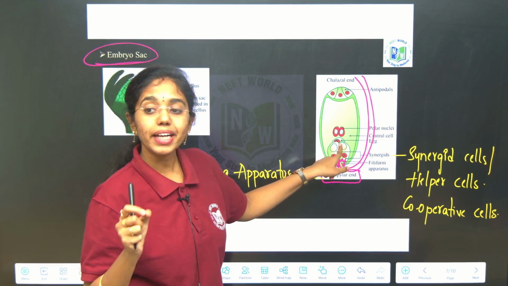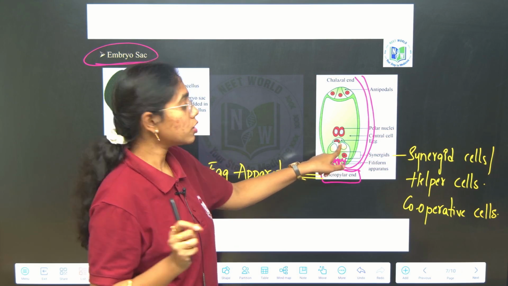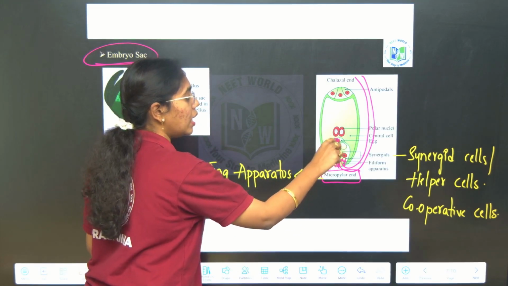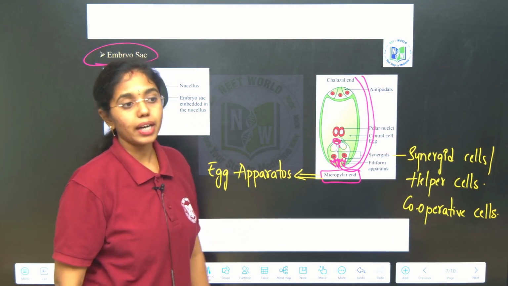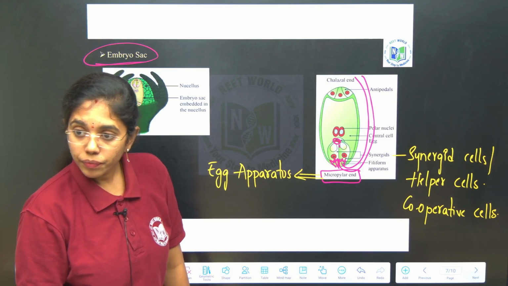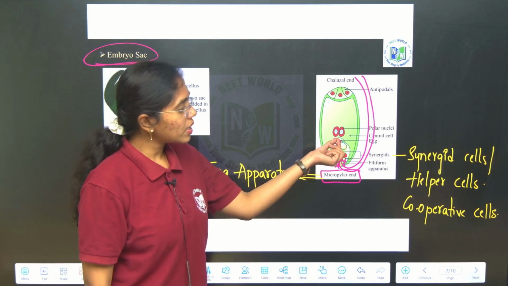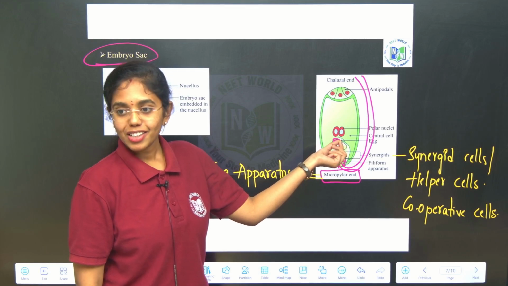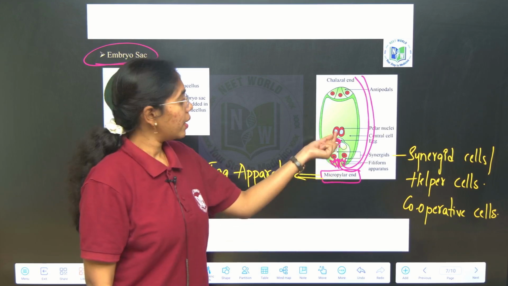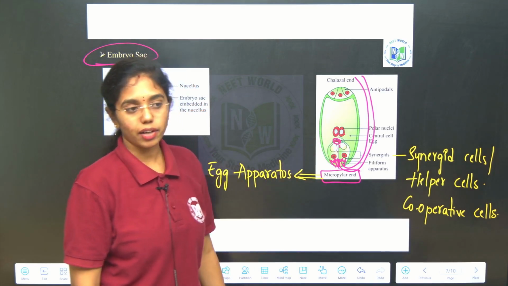That is how it reaches the egg cell. The egg cell maintains polarity: the nucleus of the egg cell is close to the micropylar end, waiting for the male gamete. Understood? Next, at the center you have the polar nuclei.